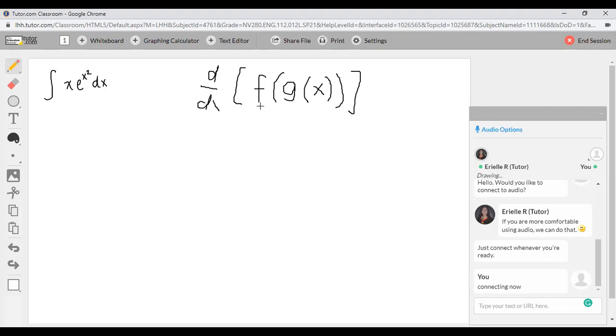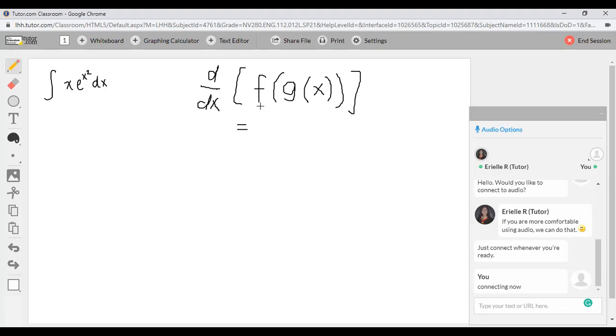Reviewing what we know about differentiation, if you have a function inside another function, what technique do we use to differentiate? So we use the chain rule, where we find the derivative of the outside function and multiply by the derivative of the inside function. Okay, so that is correct. So for this one, we use the chain rule.